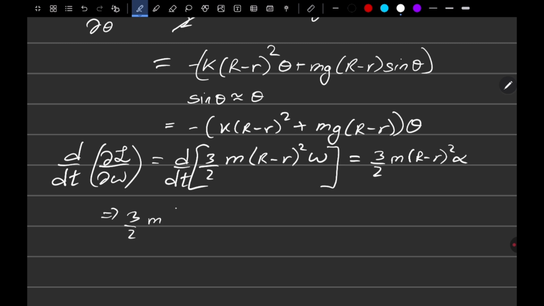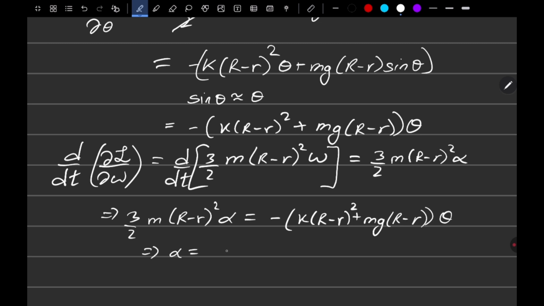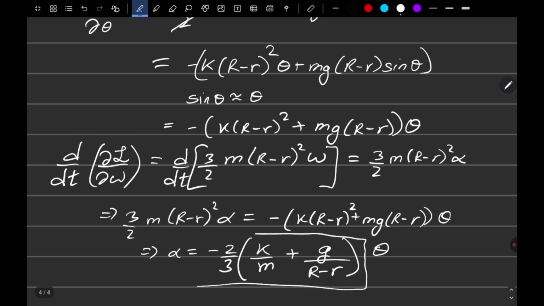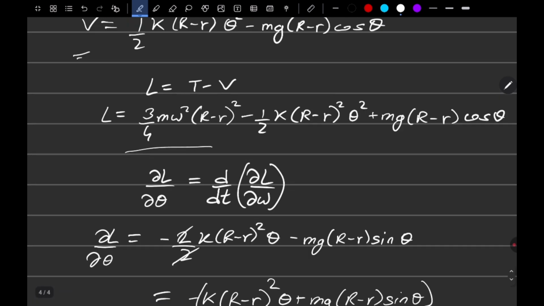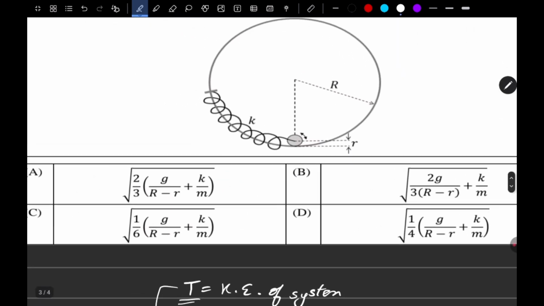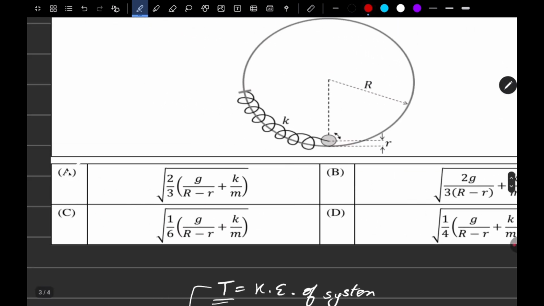I have 3 by 2 m (R minus r) squared alpha equals minus k (R minus r) squared plus m g (R minus r) theta. That gives me alpha as minus 2 by 3 of k by m plus g by (R minus r), times theta. So this is your omega squared. We have our final answer: omega is equal to root of 2 by 3 times (g by (R minus r) plus k by m).